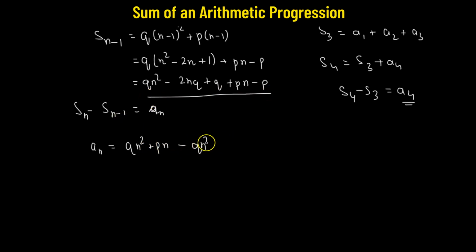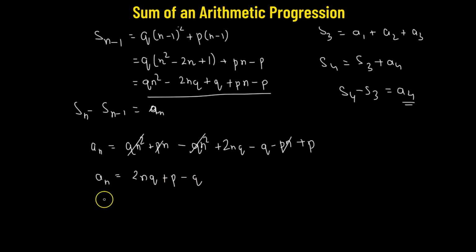So we have negative qn squared plus 2nq minus q minus pn plus p. Here we can cancel out positive qn squared and negative qn squared, positive pn and negative pn. So this is going to give us the value 2nq plus p minus q. So this is our nth term.